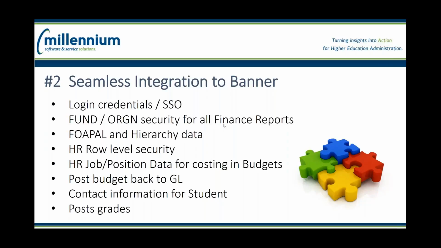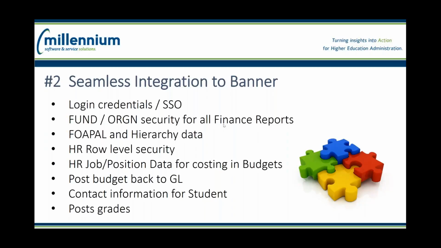And then from there, based on things like fund org security that you may already have set up in Banner Finance, the org security that you may be using in HR, we restrict which applications the users can see within FAST, and from the applications you can restrict which pages, and on those pages you can restrict which data they're actually going to see on any of those pages.